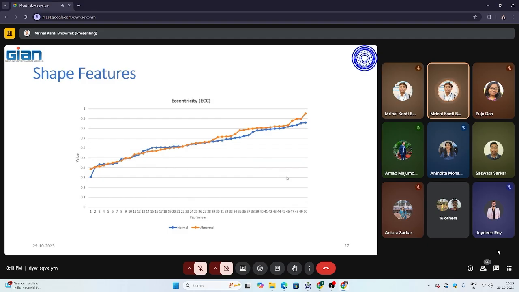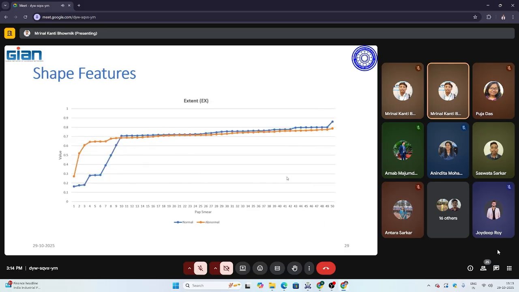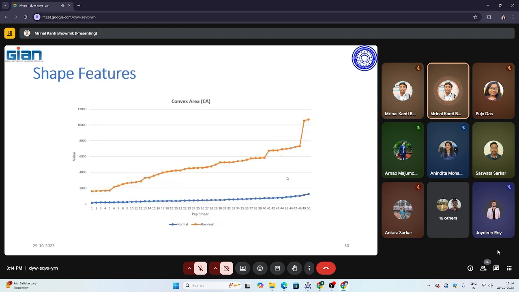For the eccentricity feature also, the data values are overlapping. The solidity, we also can't use. Extent also has overlapping values. So here you can see the convex area.